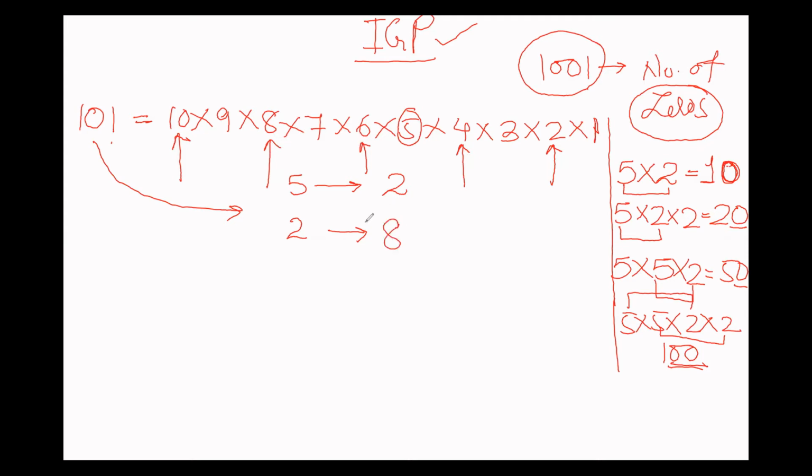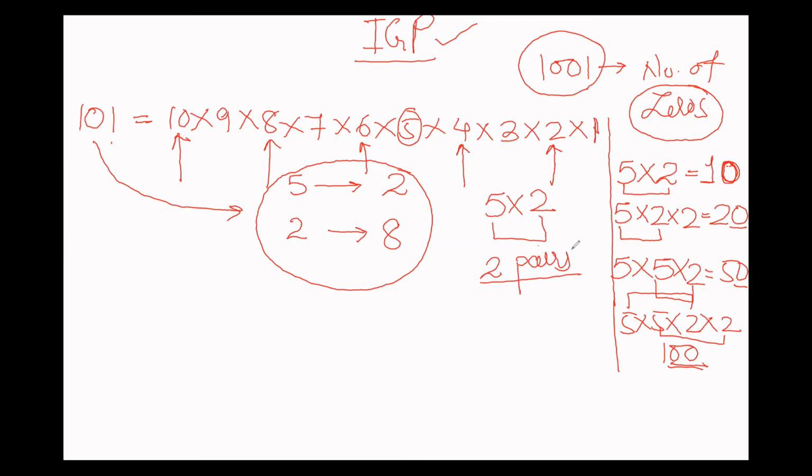So it is very much clear. I have 5 two times and 2 eight times. So how many pairs of 5 and 2 can I generate? Yes, 2 pairs. That means the number of zeros at the end of 10 factorial is going to be 2.